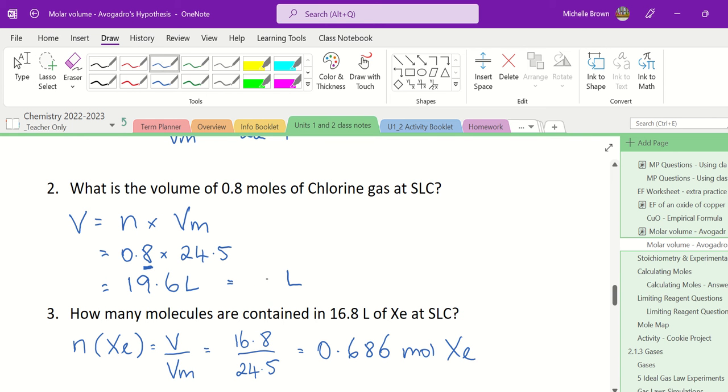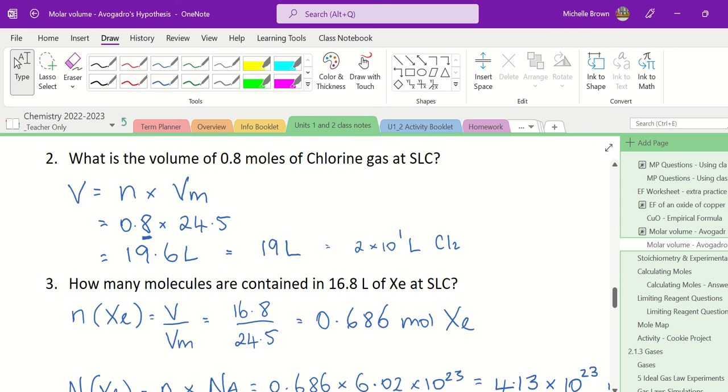So let me do that again. To get that to 1 significant figure, we need to convert that to scientific notation. So 19 litres becomes 2 times 10 to the 1 litres of chlorine gas. My apologies for that.